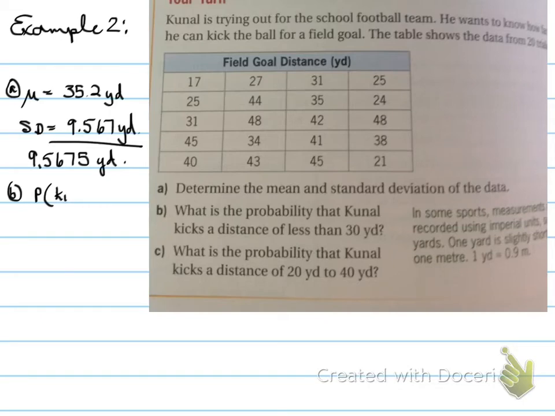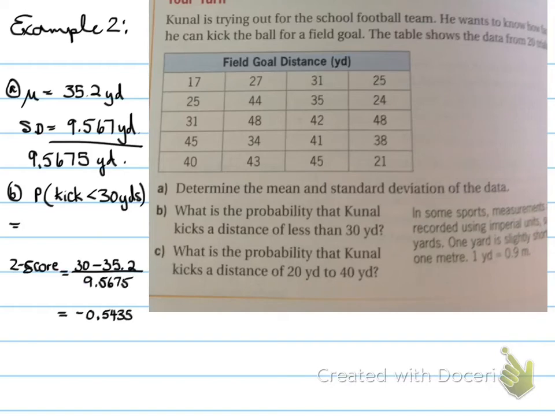Now, we want to calculate the probability that Kunal kicks a distance of less than 30 yards. So x is going to be less than 30 yards, which means we have to find the z-score, which is 30 minus the mean, 35.2, divided by the standard deviation, and that gives us negative 0.5435.